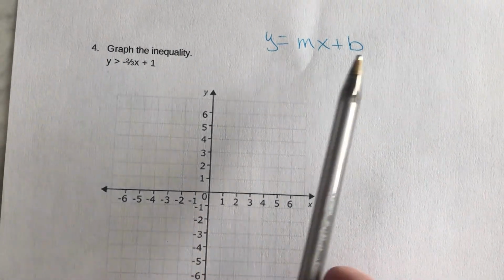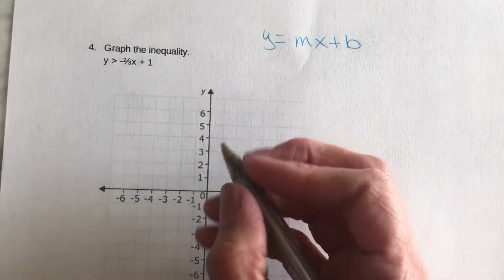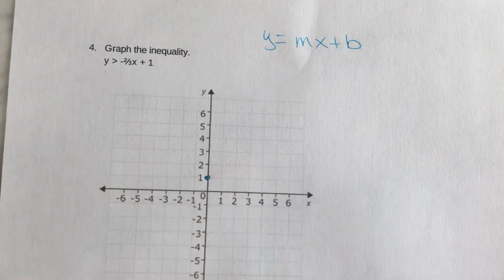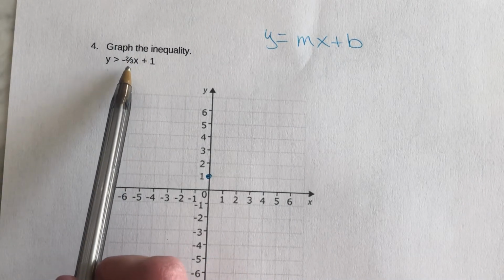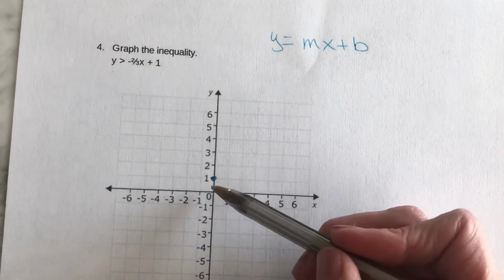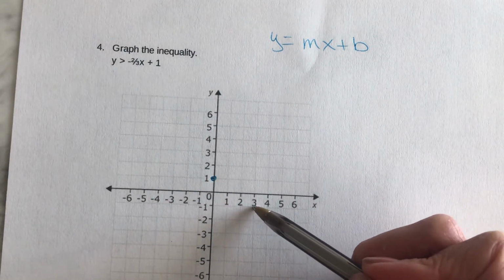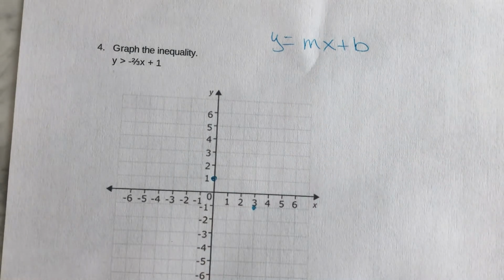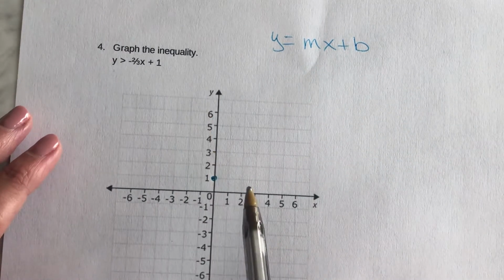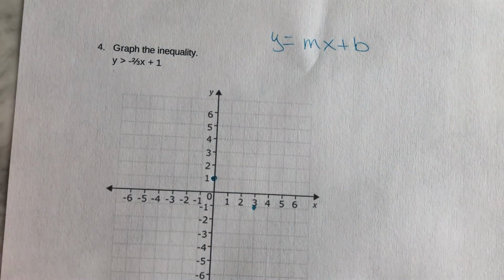So we're going to start with the b. We're going to start with the 1. That's your y-intercept. And then your slope is -2/3. So down 2/3 would be your second point. And now you have to decide if it's going to be a dotted or a solid line.